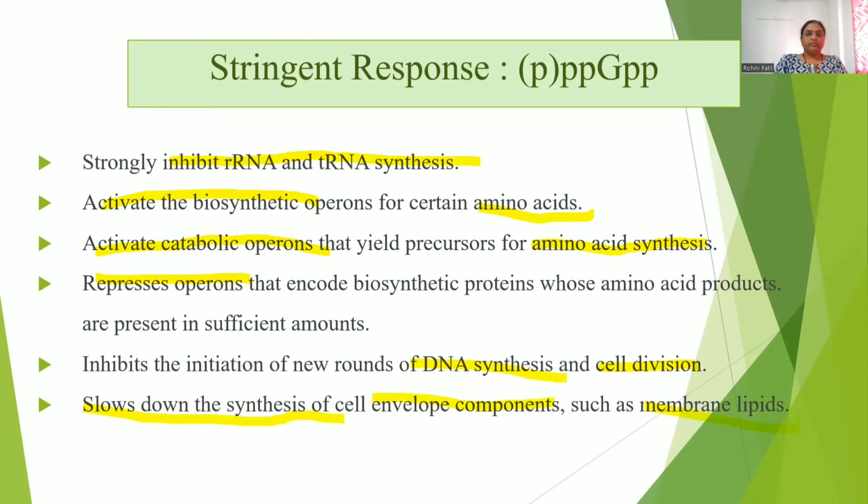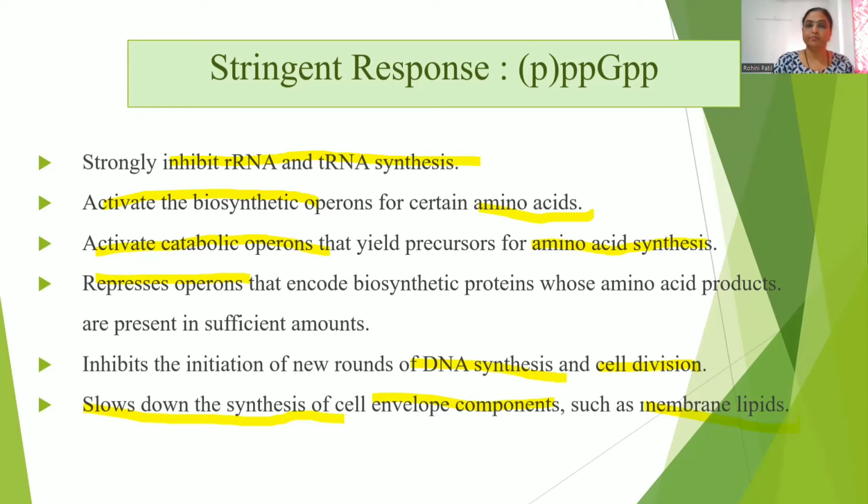Now, when there is a stringent response, guanine tetraphosphate and pentaphosphate are going to activate the biosynthetic operons for those amino acids which are depleted in the cell. And here there will be a start of the catabolism of proteins for getting the precursors for amino acid synthesis.